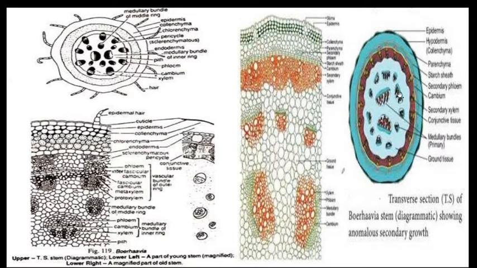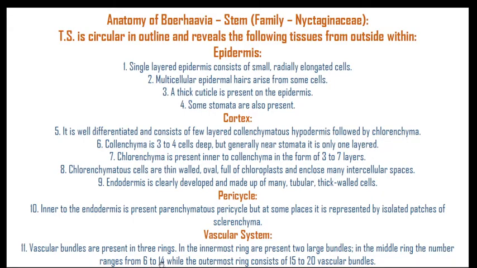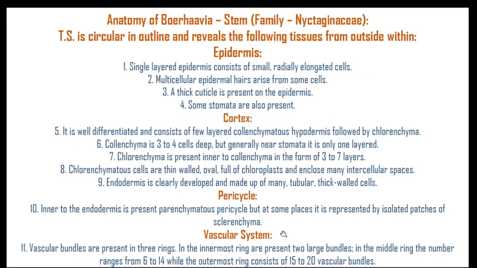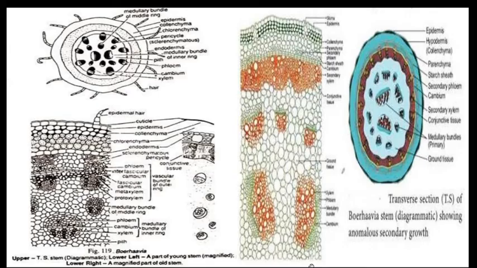Then this one is a vascular bundle which is part of the middle vascular ring, and this middle ring shows about 6 to 14 vascular bundles, and the outermost ring has about 15 to 20 vascular bundles.